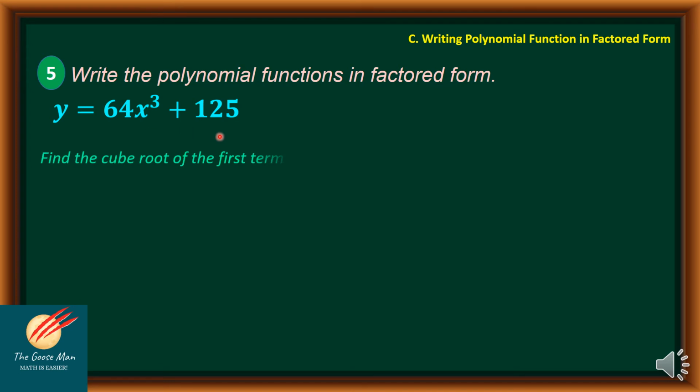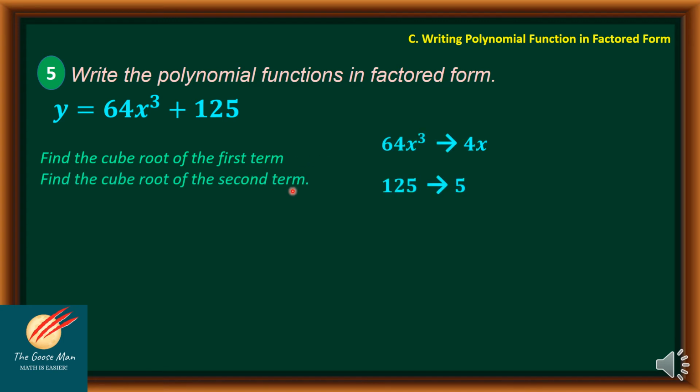Meaning to say, we will find the cube root of the first term as well as the second term. I have 64x cubed. If I extract the cube root of 64, that will give us 4. The cube root of x cubed is actually x, while the cube root of 125 is 5.